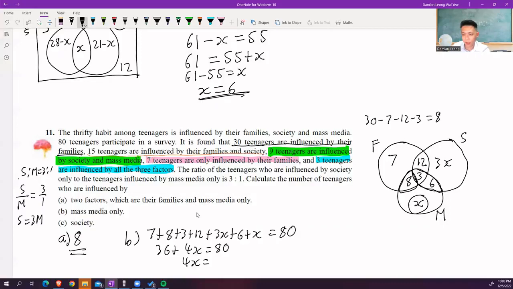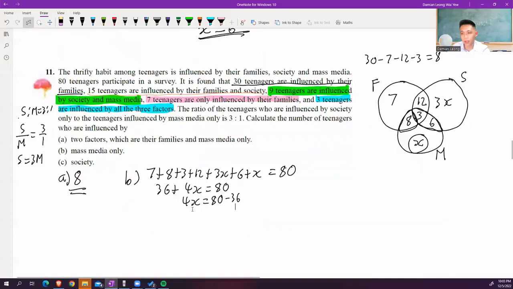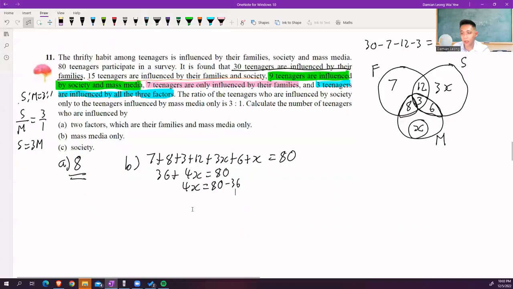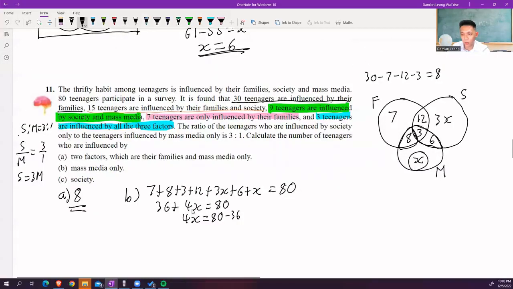Bring over the 36 with the opposite, minus. So 80 minus 36 is 44. Carry over the 4 here with the opposite, divide. So 11. Yeah, mass media only would be 11.